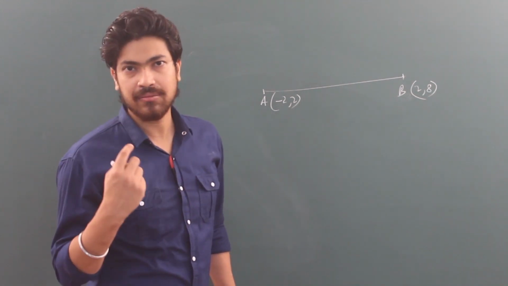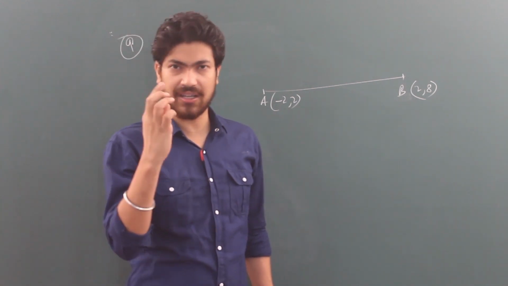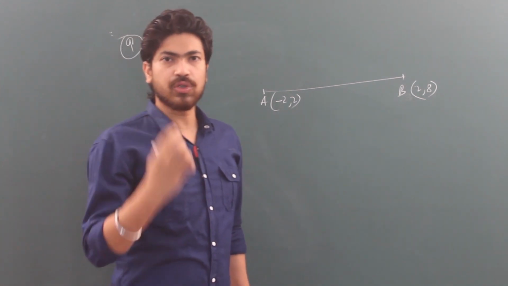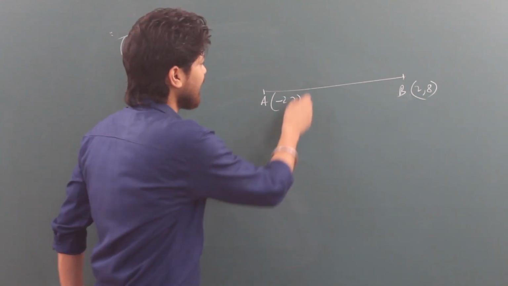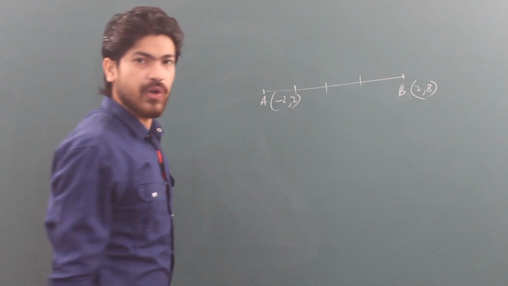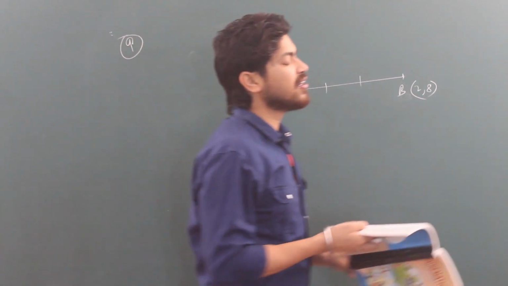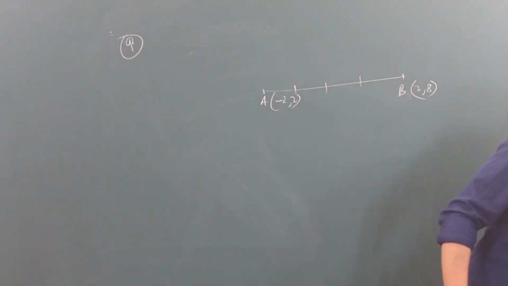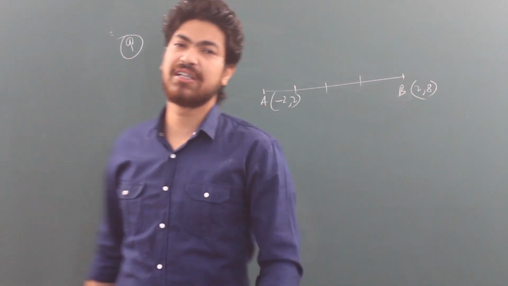आपको पहला दिन बताया था ना कि जितने भाग करना है उससे एक पॉइंट उससे एक कम होता है. If we want to divide it into 4 equal parts, that means these are the points. You need to find the coordinates of these points.